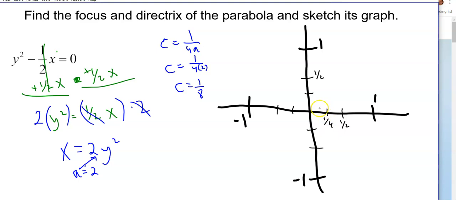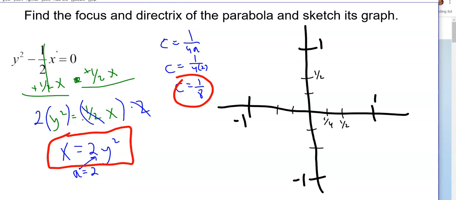And 1/8 is somewhere, I guess you would say, let's see, which way is this opening, right? So c is a positive number. So I'm thinking it's either opening up or to the right. Those are positive directions. But this is definitely an x equals graph. So right away, this is opening not up or down. This has to be right or left in this case, because c is positive, it's going to open to the right.